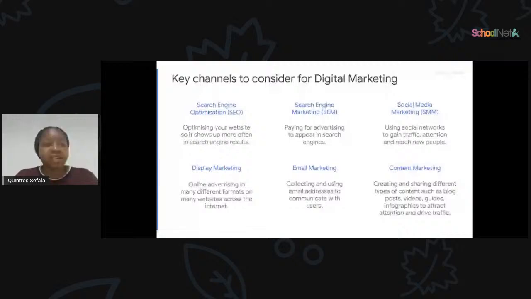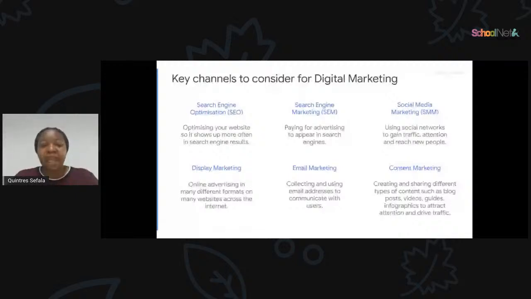So, with search engine optimization, for your specific products and services, the keywords that are on your website should align with the searches that we make online. Same as the pictures that you post on your website. Make sure that you name them in a manner that helps them appear in the search engine results.